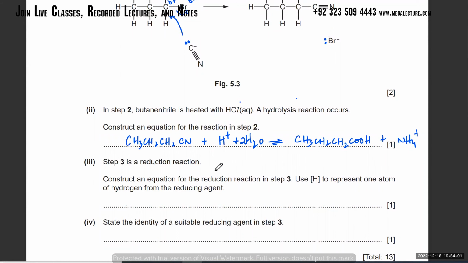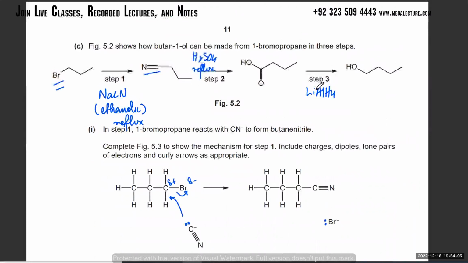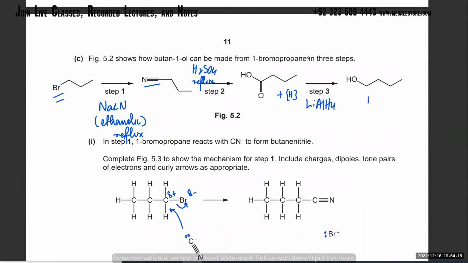Step 3 is a reduction reaction. Construct the equation for the reduction. Use H to represent the reducing agent. So यहाँ पे I'll just make an equation over here. What H will do is it will turn into H2.